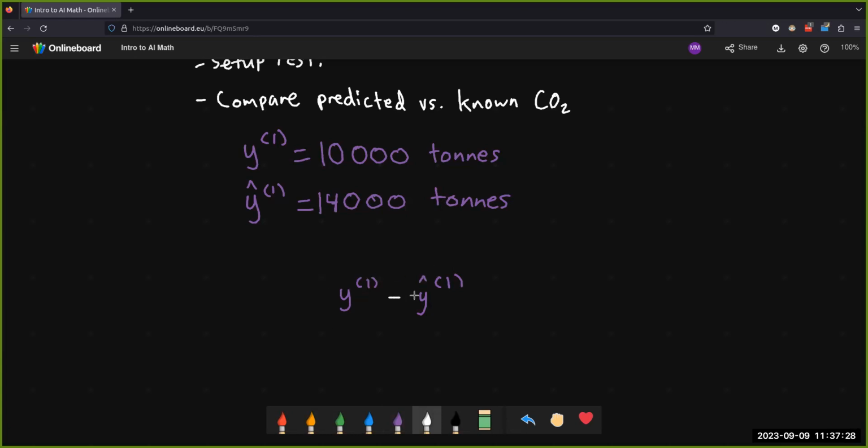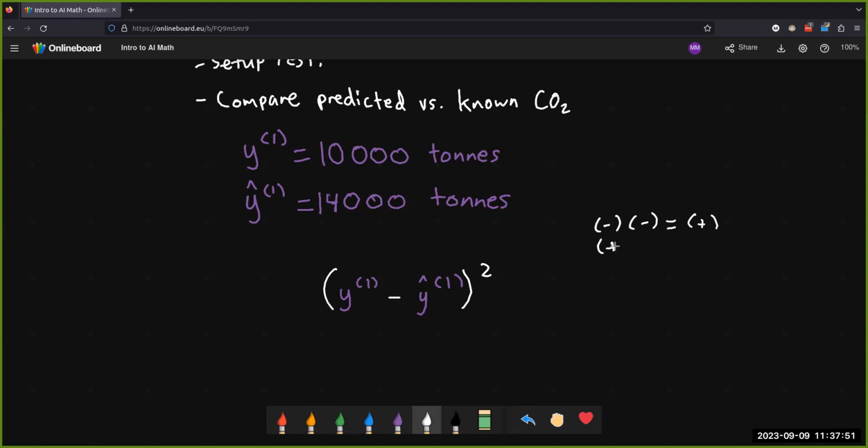There are different ways that we could make sure that this difference is always positive. A common way to do it is we could just square whatever this number is. So if we multiply this by itself 2 times, so raise it to the power of 2, then remember, if you have two negatives multiplied, then the answer will be positive.